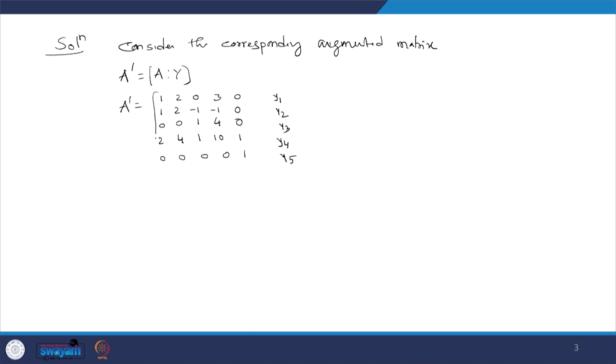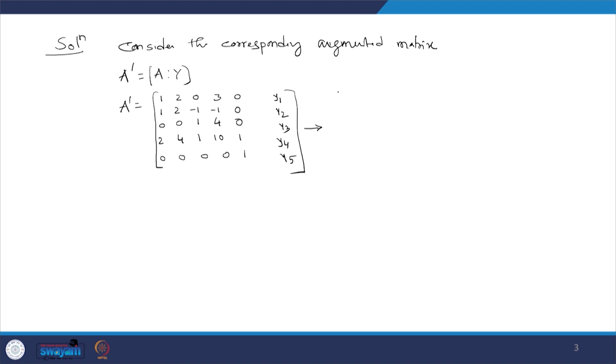So, this is the augmented matrix corresponding to the system Ax equal to y. Since we have to find an invertible matrix P such that P into A equals a row reduced echelon matrix, I have to do the elementary row operations and get that matrix also. So, let me do it.